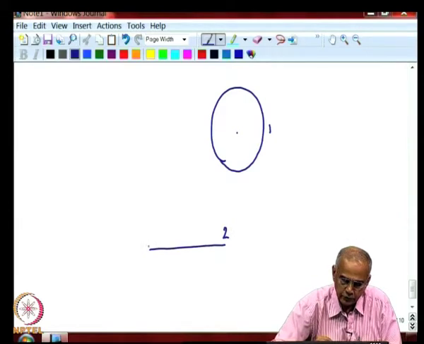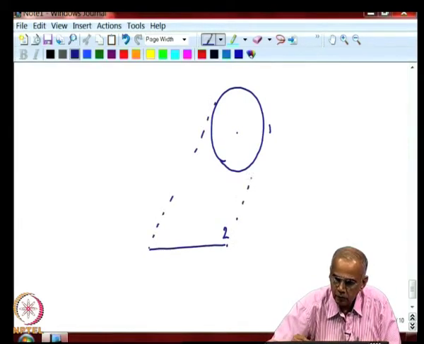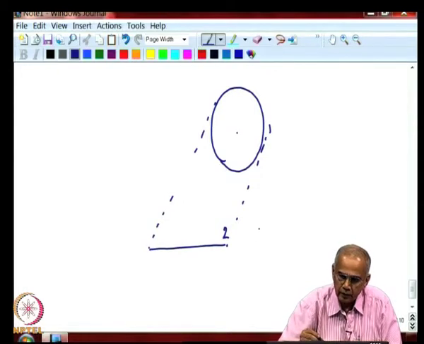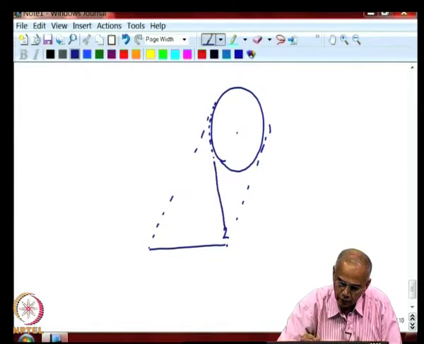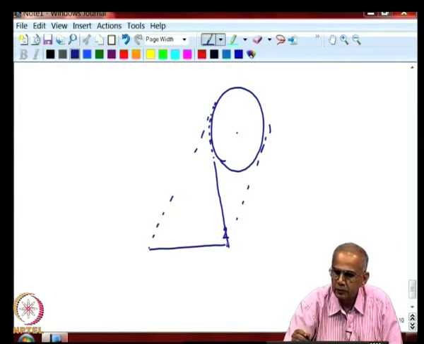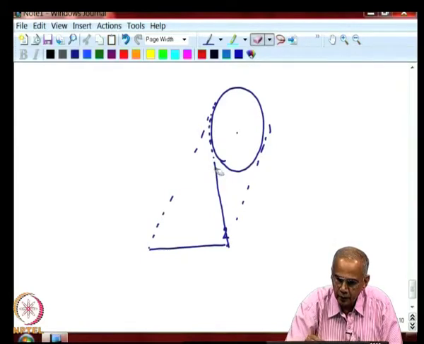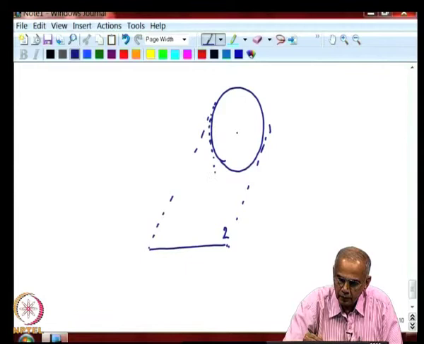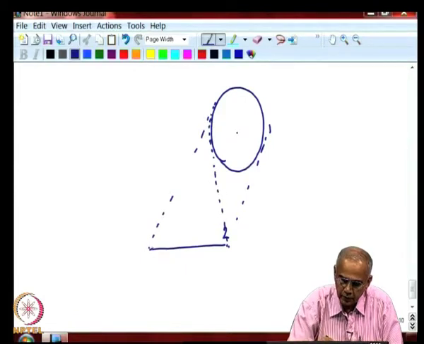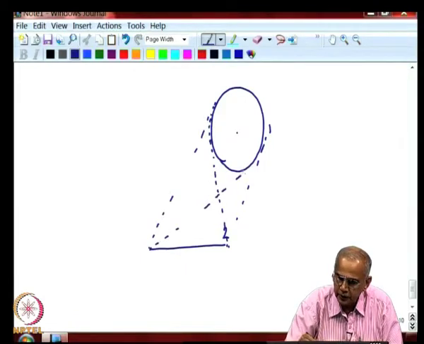So, first is you draw a tangent, and then you draw one right along this, and then where you can draw a tangent to this. Okay. So, this should actually be in dotted lines. Similarly, you draw this until it touches the tangent and then go like this.